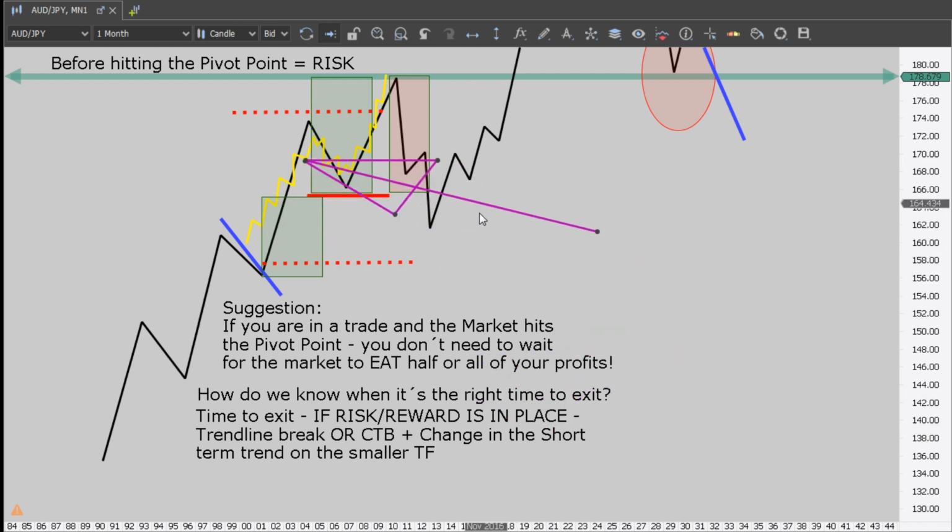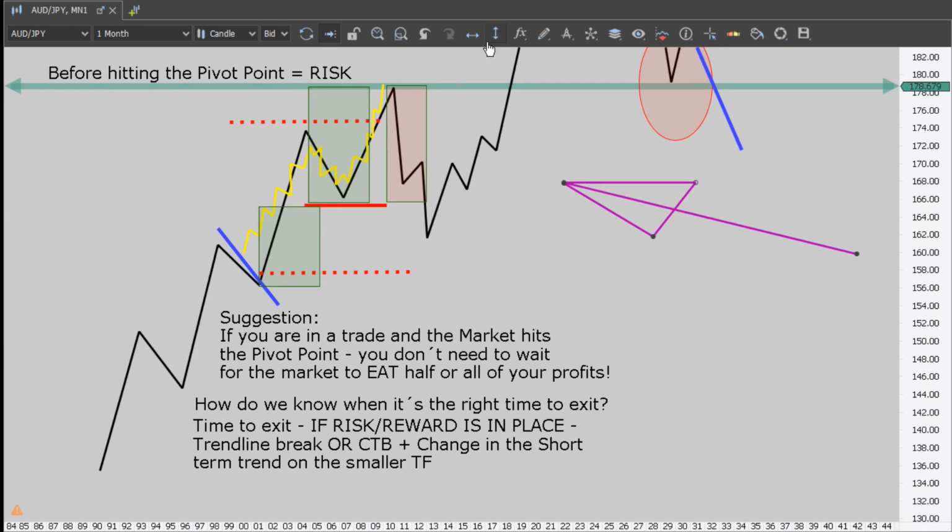If the black line is the 4-hour chart, the yellow could be the 30-minute chart.